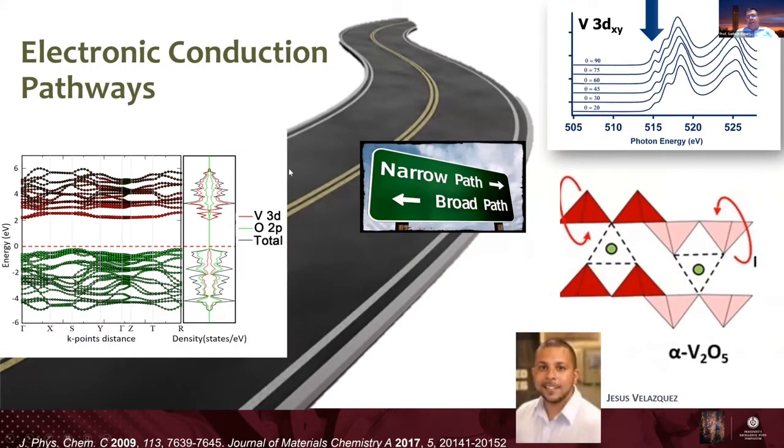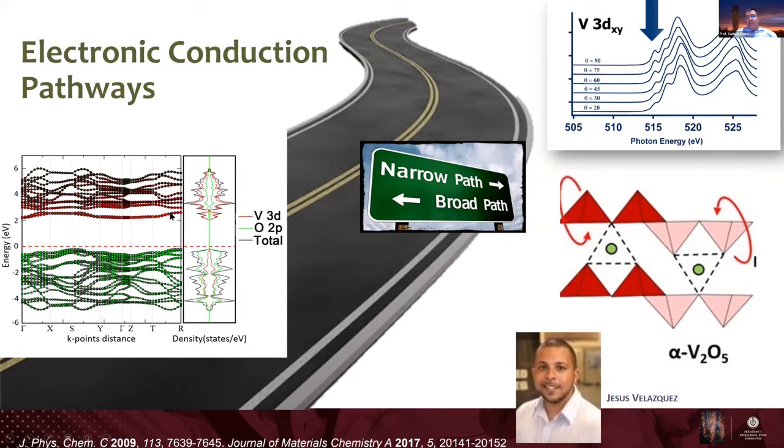A second problem has to do with the structure, the crystal field splitting. You'll recognize the square pyramids that form part of the V2O5 structure, and that results in this very narrow conduction band that's dxy in origin, and this just comes from the crystal field splitting of vanadium 3d orbitals in a square pyramid coordination environment.